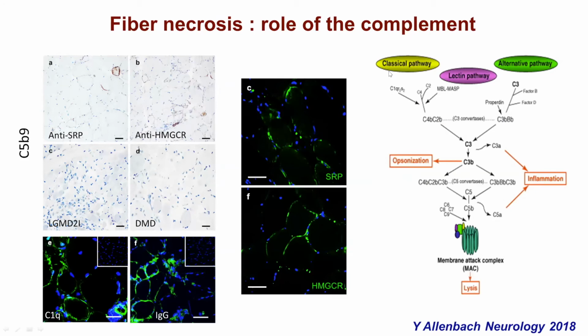And the classical pathway is activated by immune complexes between, for instance, a bacteria and an antibody. And here you can also observe on muscle biopsies some deposits of immune complexes, of immunoglobulins at the surface, decorating some muscle fibers.